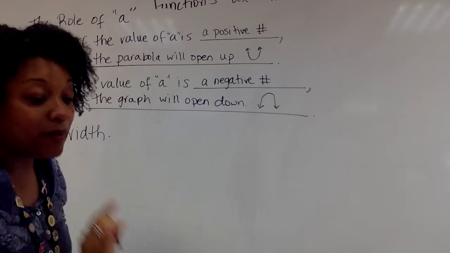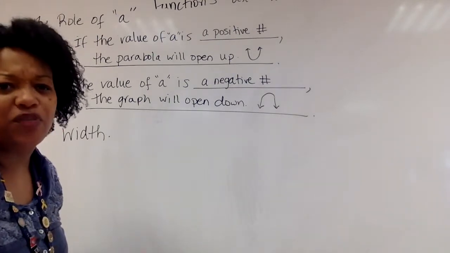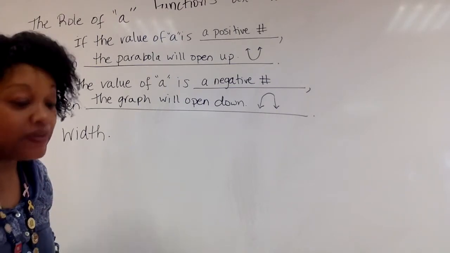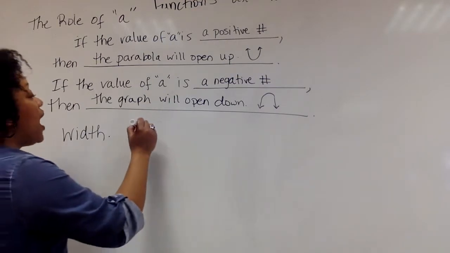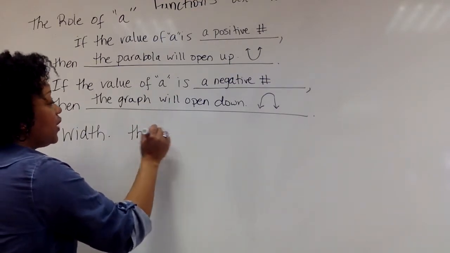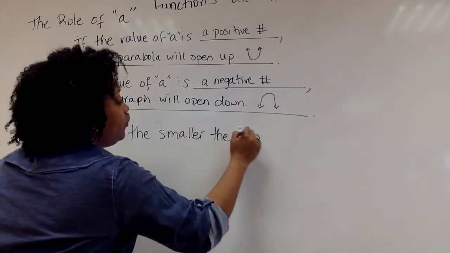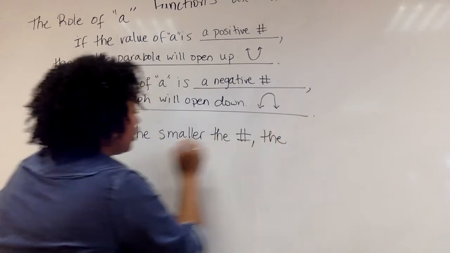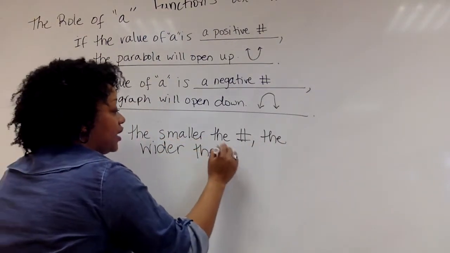You're just looking at the number. So the smaller your number, because if you don't like absolute value, cross it out and just put the number, not including the sign, the smaller the number, the wider. So I'm going to write the smaller the number, just the number, no sign, the wider the parabola will be.